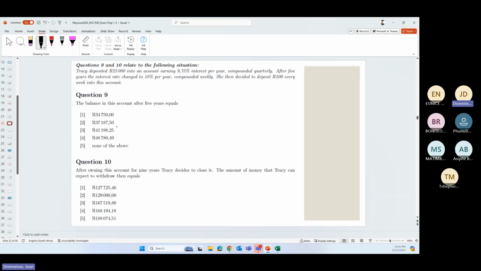So if you guys can share assignments with me on our WhatsApp group, that will be great, so that I can just see how the questions were phrased, and if they actually do ask 2 questions on the same data, because most of the time where we have this, we normally need to use question 9 to get to question 10, and if that is wrong, question 10 is wrong. So let's just see what they've asked here.